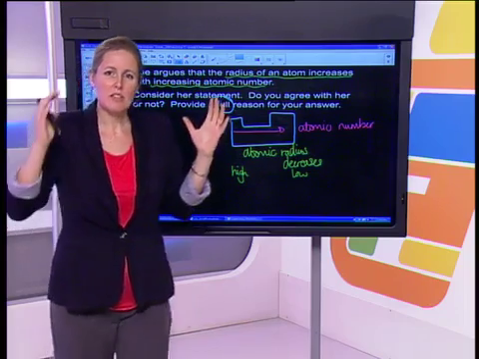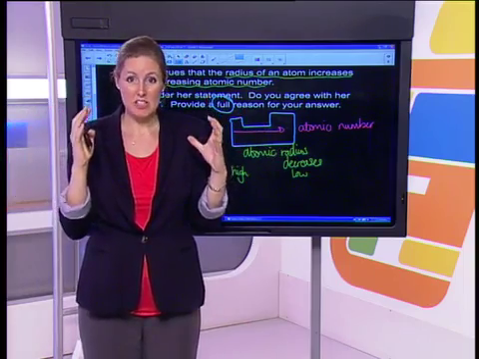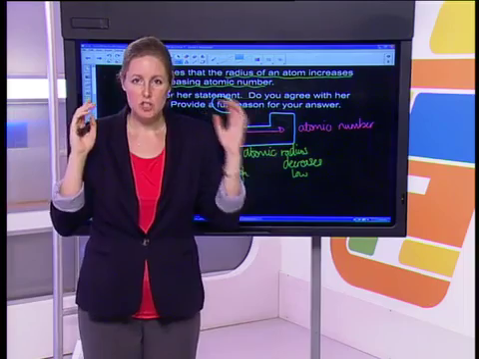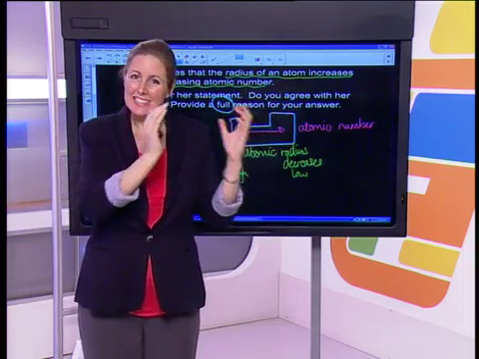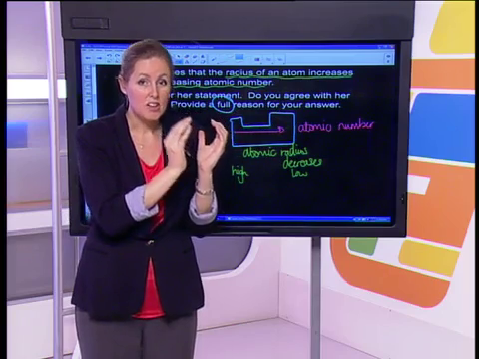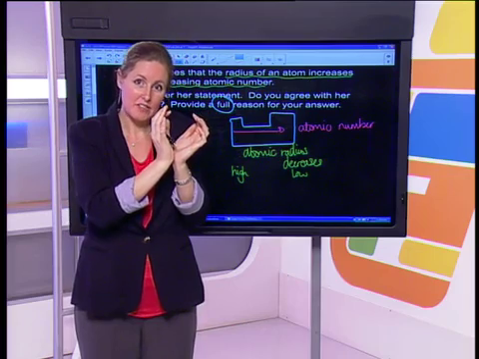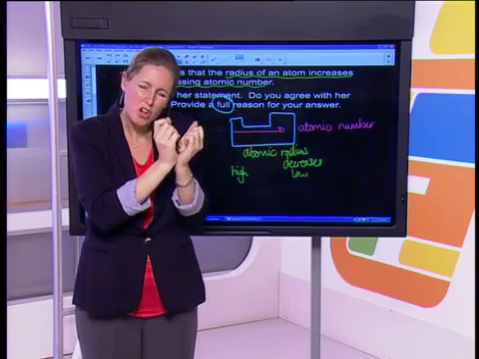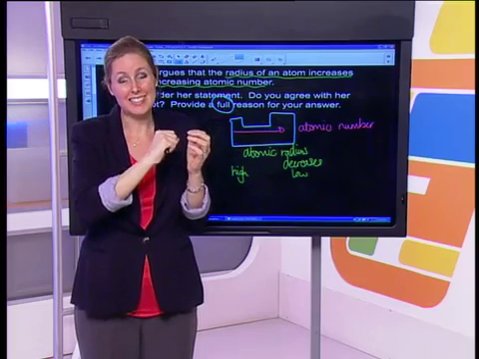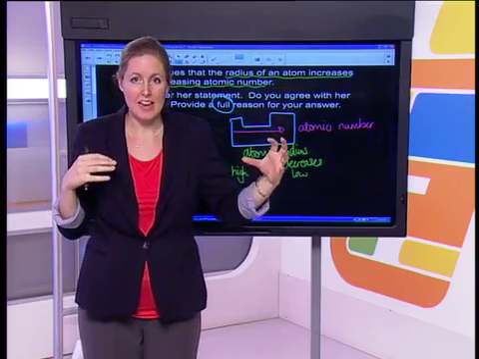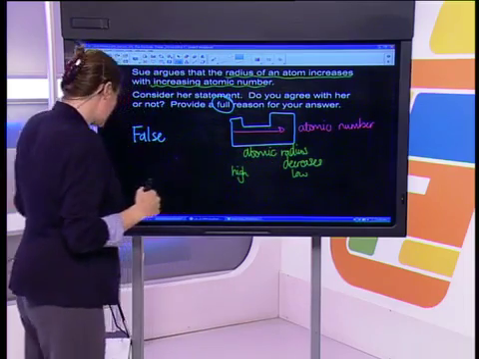Why is that? Well, the reason for that is because along a period, remember I said the same number of energy levels. Period 2 will have 2 energy levels. As you go along, the radius is going to get slightly smaller. Why? Because that outer energy level, that level 2, is going to be pulled closer because of the stronger pull of the more protons inside the nucleus at that energy level. So we must say false.